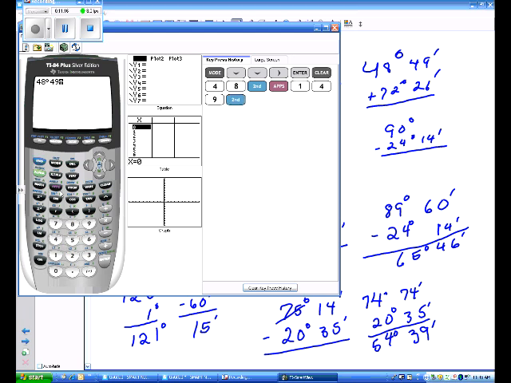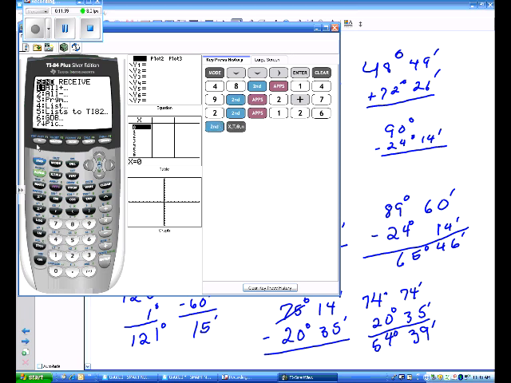Then we'll do our 49 minutes. Again, we go to second, angle, and number 2 is our minute button. So we'll press 2, plus 72 degrees, which was number 1, and 26 minutes. Whoops, wrong one.